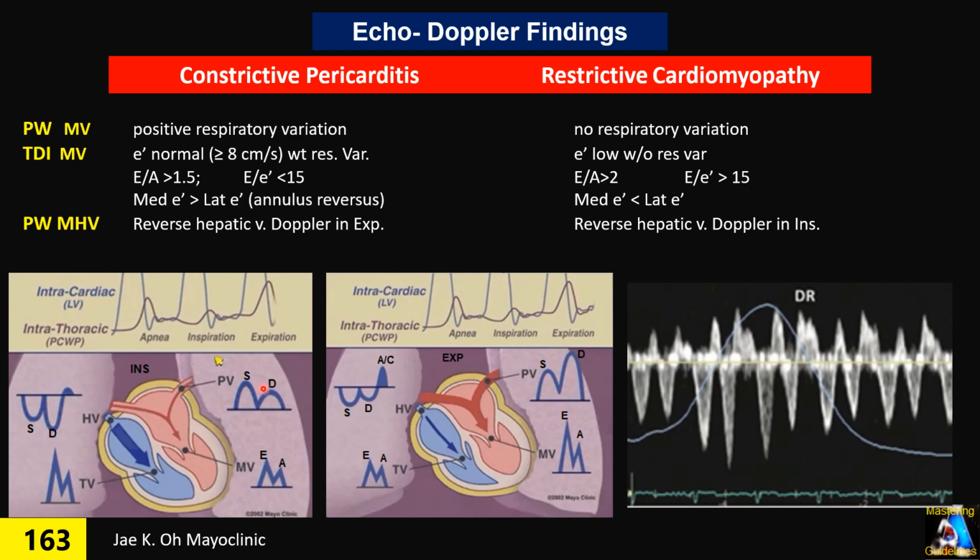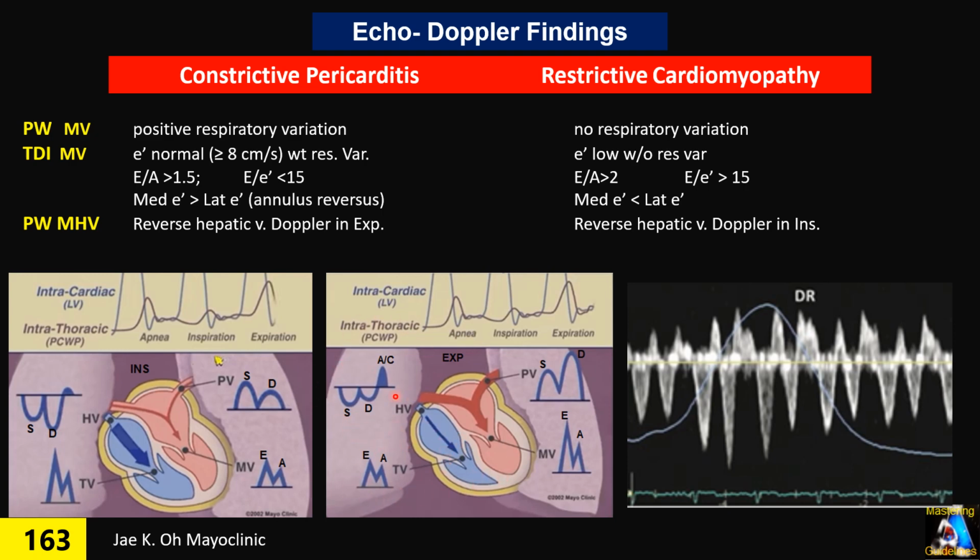And we can see S and D a little decreased, and E and A decreased too. Let's see what happens during exhale. With exhale, the inflow to the left ventricle increases and to the right ventricle decreases.